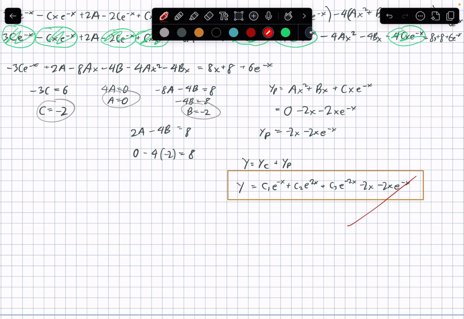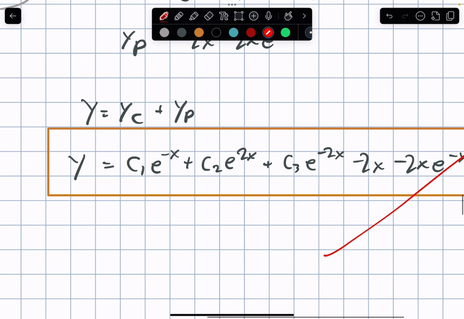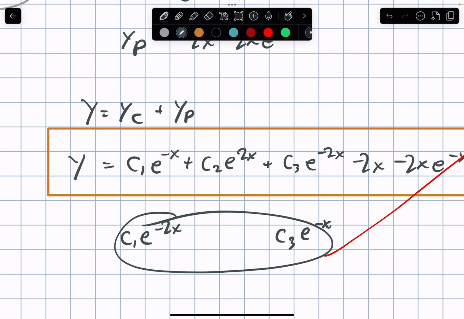The order can be different, just to let you know in advance. Everything in your y sub c, the constants are basically arbitrary. Meaning, for example, what if we rewrote it like this? C1e raised to negative 2x, and in place, C3 is negative x. It doesn't matter. It's still the same.